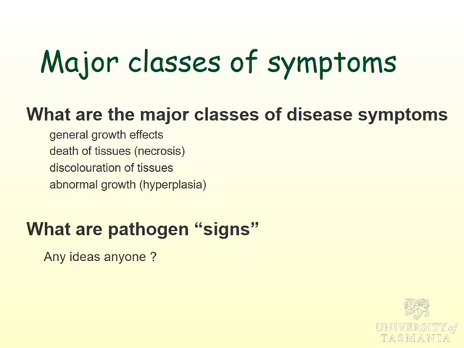You can have tissue death, necrosis, as we've mentioned before, where you've got cells that die and lead to dead cells. You can have discoloration, chlorosis, other colours, and you can have abnormal growth, actually excessive growth in some instances, where you get gall formation, or you get other stimulation of growth that's not beneficial to the plant.